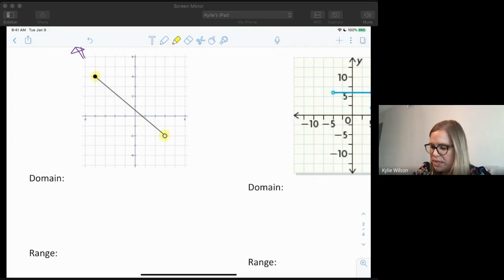This open dot over here means that that point is not included. It means that my line gets really, really close to it, but never touches it. So that actual specific point is not included in our domain.